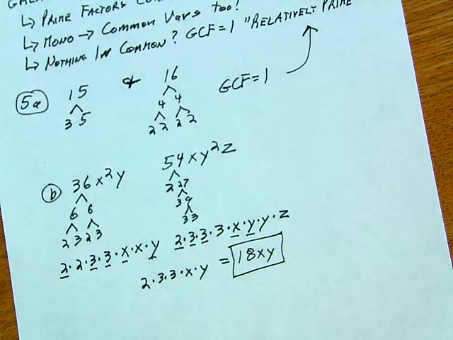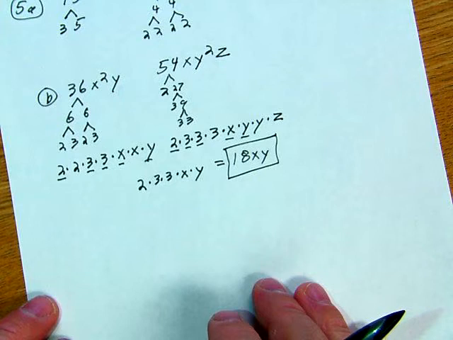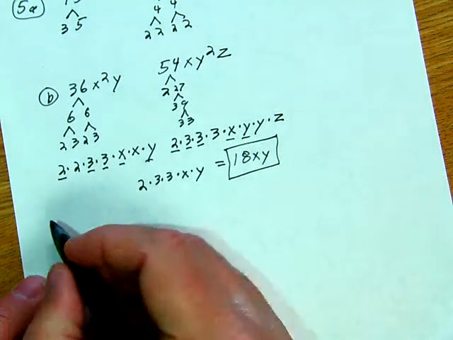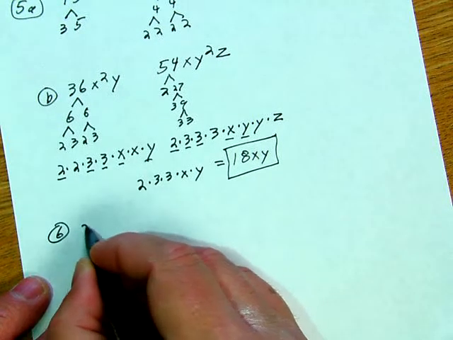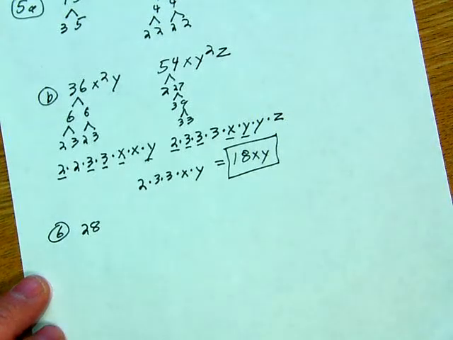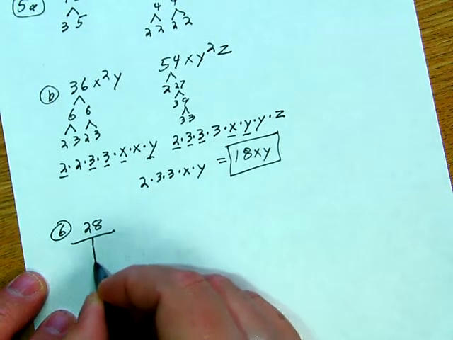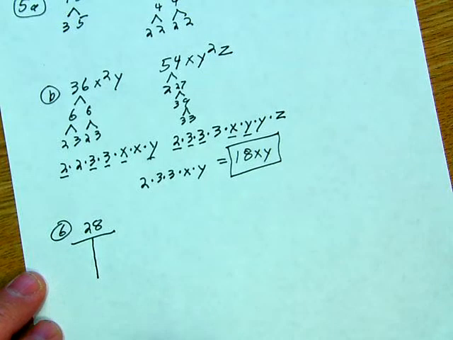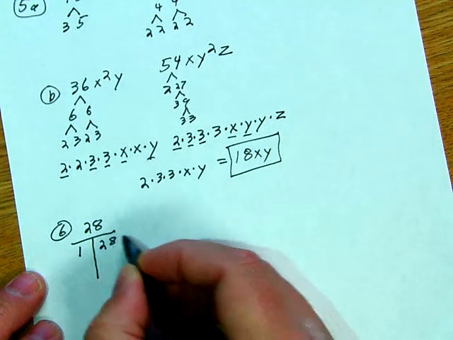Okay. Now let's take a look at example 6. In example 6, they're asking us to do a little bit of geometry, but they're saying take the number 28 and factor it. It doesn't say prime factor, it says factor it. So I'm going to use the factor table that we looked at at the beginning of the lesson. I'm going to start with 1 and 28.